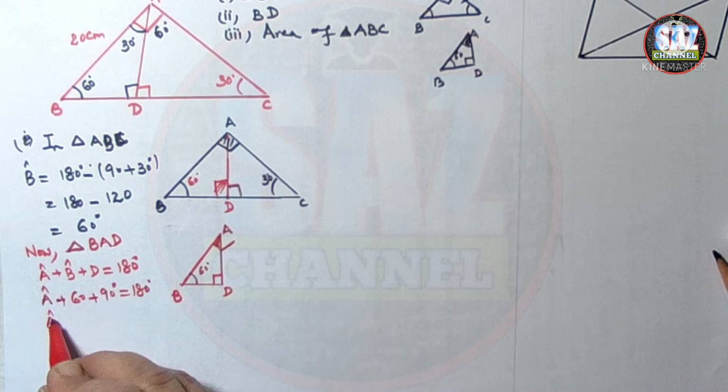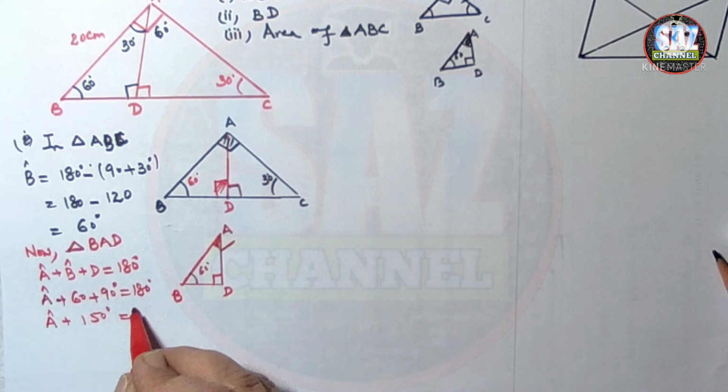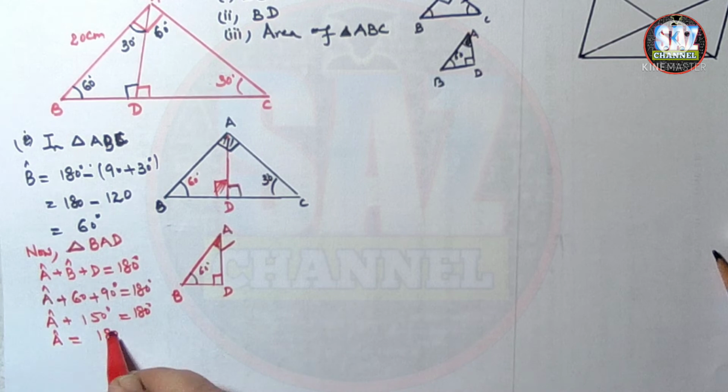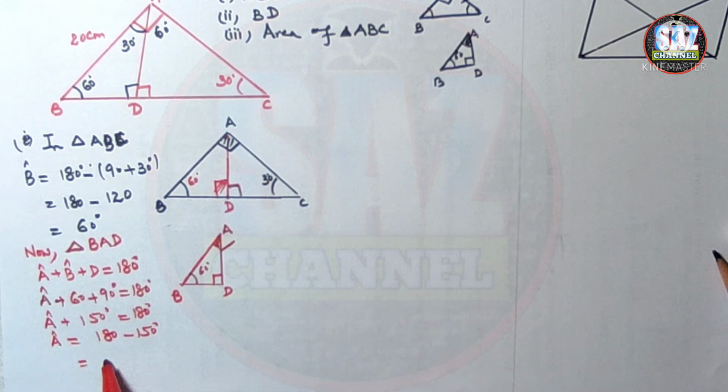A plus 90 plus 60 is 150 degrees, equal to 180 degrees, and angle A equals 180 minus 150 degrees, and angle A is 30 degrees, or angle BAD is 30 degrees. I hope you are clear about this part.